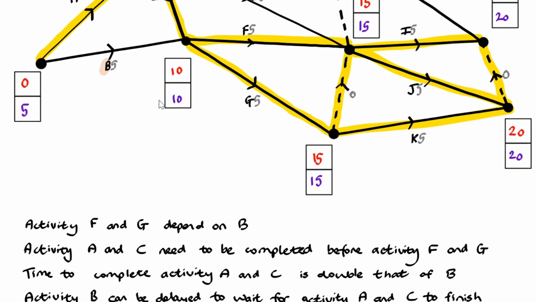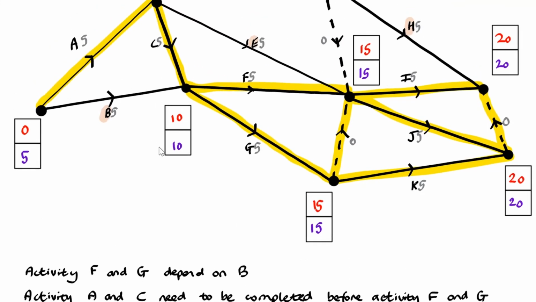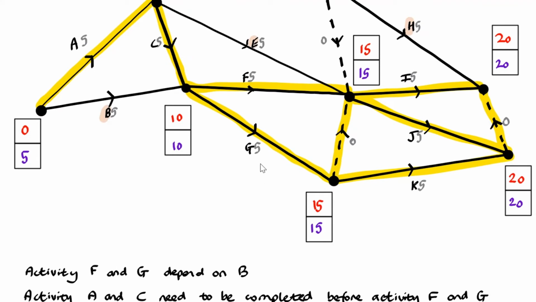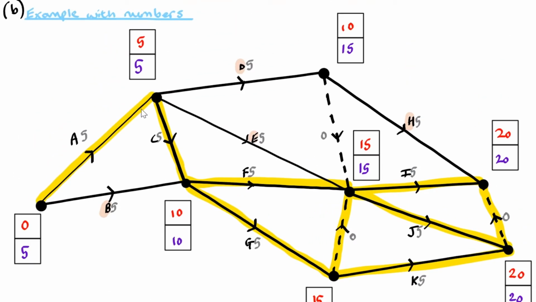Now we know that C is critical. So by that, because C depends on A, before we start F and G, A and C must be completed before we can start activity F and G. And the time it takes to complete activity B, that's 10, that's double activity A and C together.